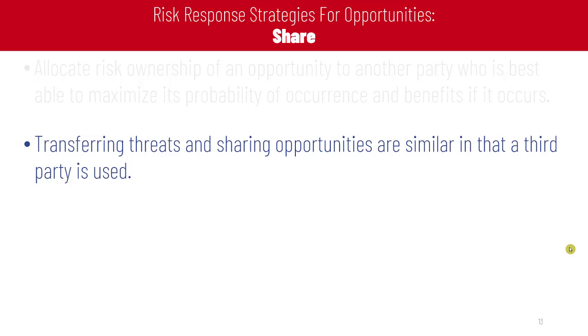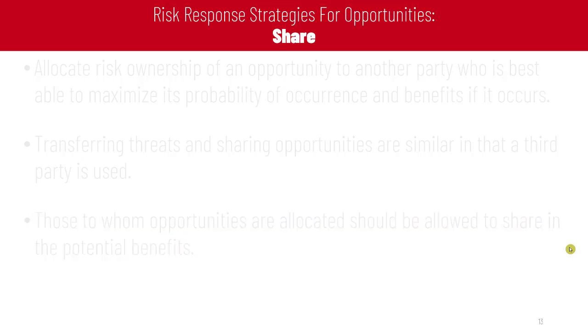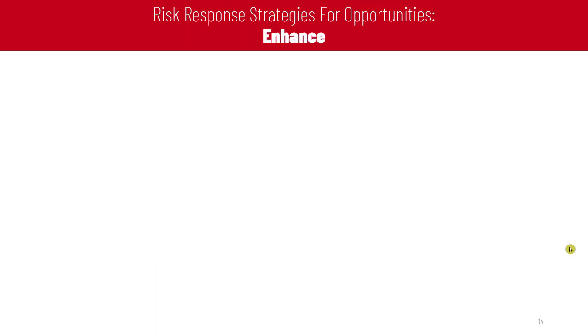What we do in transferring threats, we will do with sharing opportunities, and a third party is used. Those to whom opportunities are allocated should be allowed to share in the potential benefits. Whoever will be sharing the opportunity with us will take the benefits of the risk when it occurs.